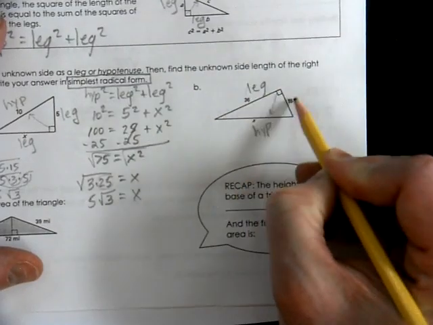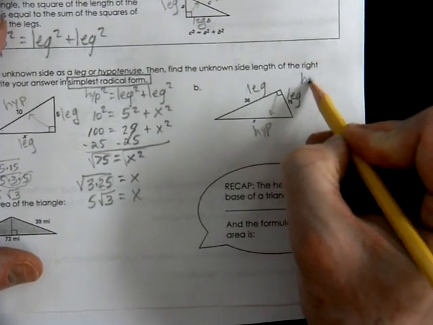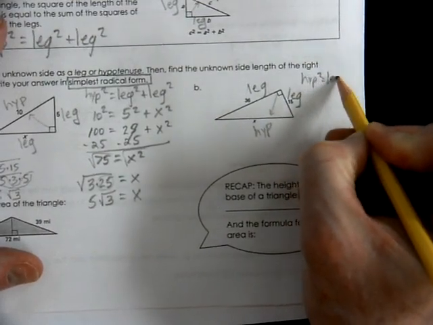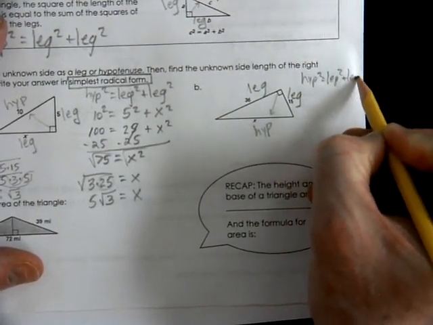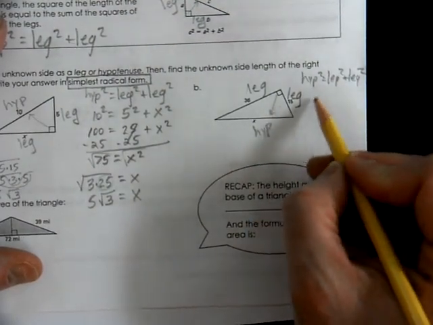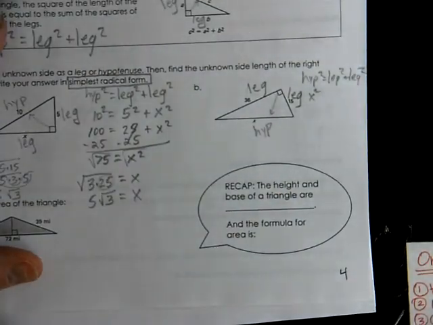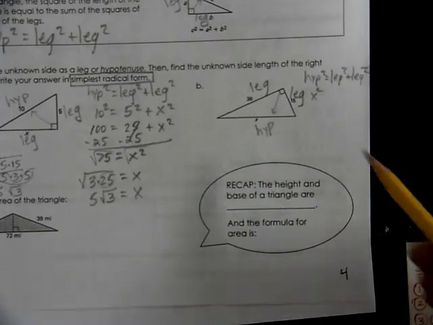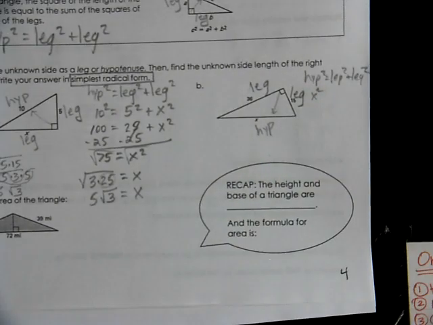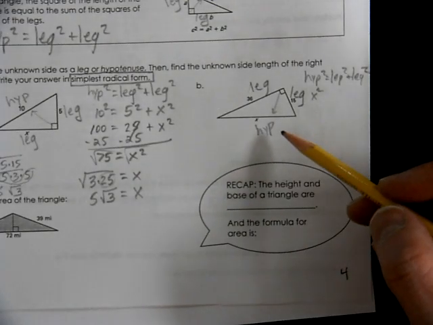The other two sides are the legs. So if we use hypotenuse squared equals leg squared plus leg squared, the hypotenuse has the x. So only if the unknown is the hypotenuse do you put the x first. You put the x in the hypotenuse spot only if the hypotenuse is your unknown.